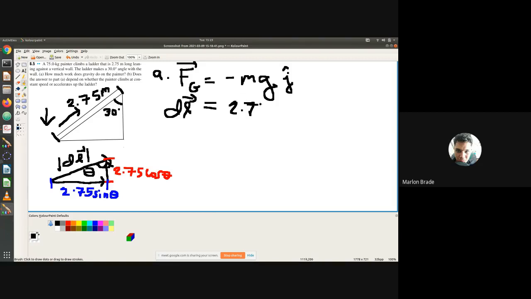So 2.75 sine theta i hat plus 2.75 cosine theta j hat. Okay?